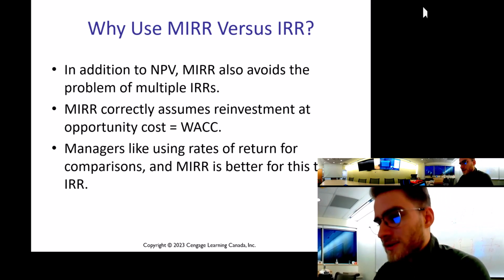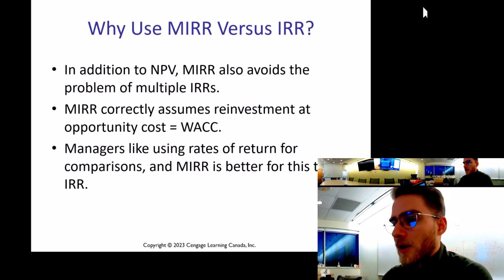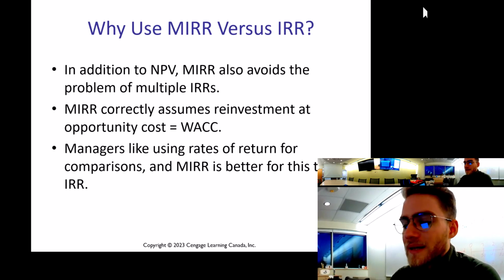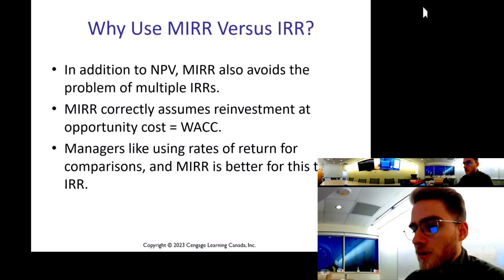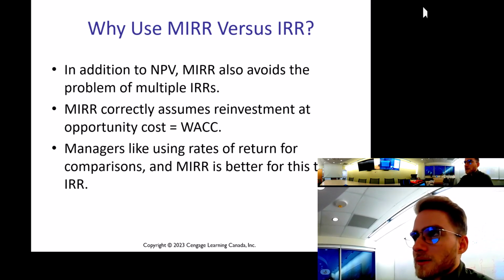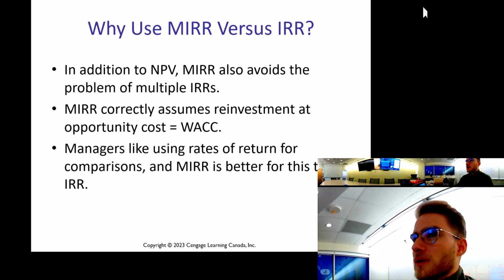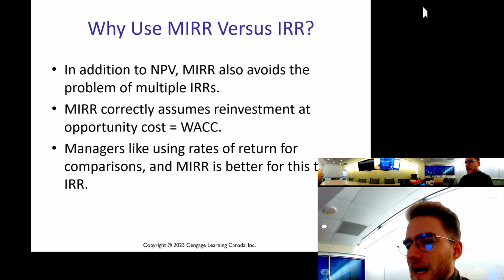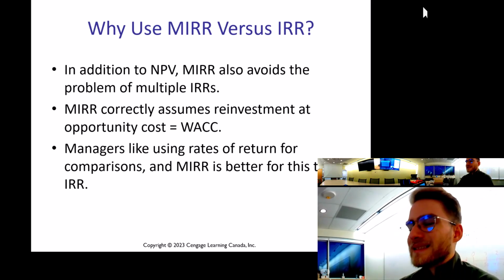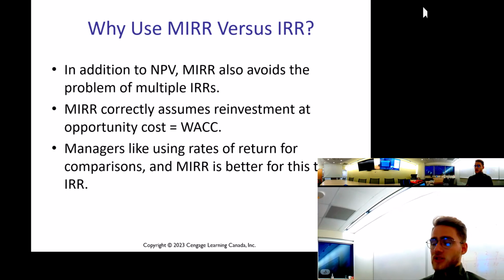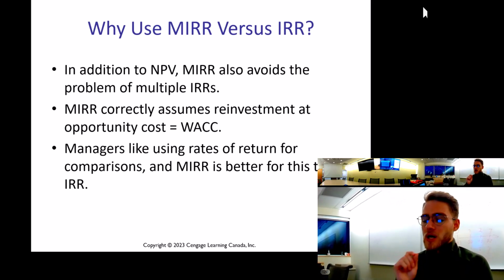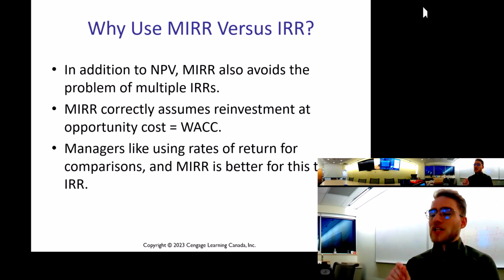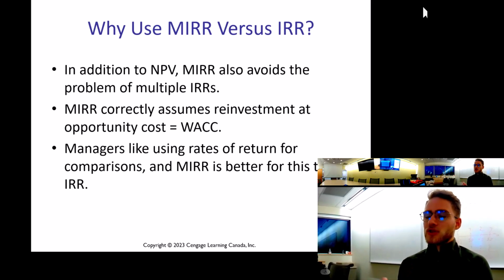So why use MIRR versus IRR? Well, in addition to the NPV, MIRR also avoids the problem of multiple IRRs because we don't assume that it's reinvested at the internal rate of return. We state the rate at which the cash inflows in the future are reinvested. So MIRR correctly assumes reinvestment at the opportunity cost, which is our weighted average cost of capital.